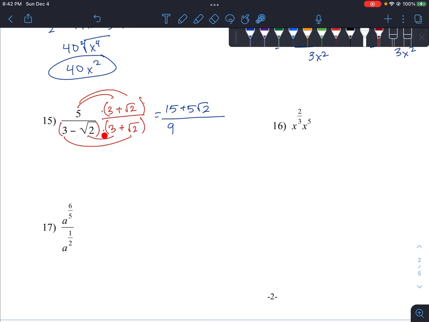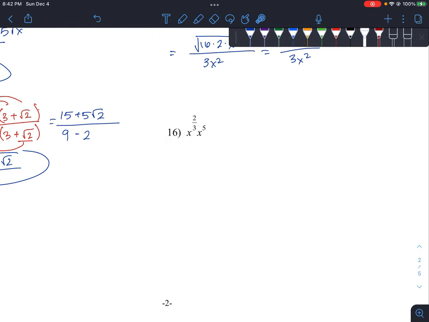But then this is 3 square root of 2 negative. So they're going to cancel anyways. So I'm just going to skip that part and just multiply negative square root of 2 times square root of 2, which is going to be equal to negative 2. So I have 15 plus 5 square root of 2 divided by 7. And that's it right there. No radical on the denominator. And we're good.